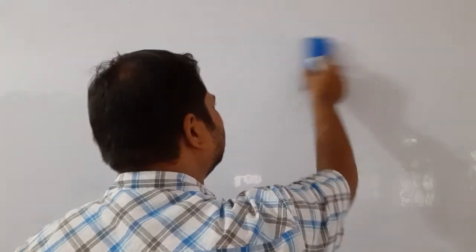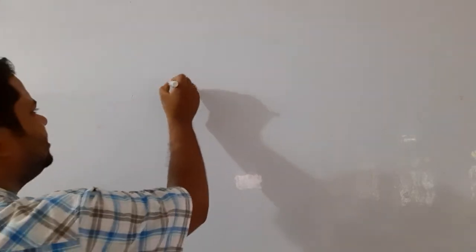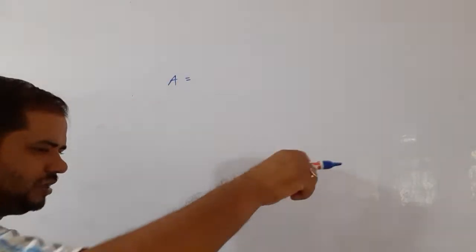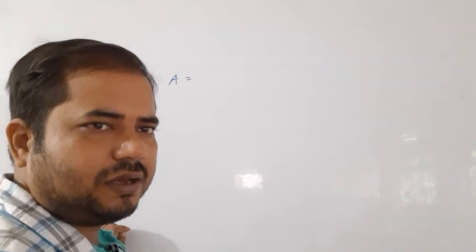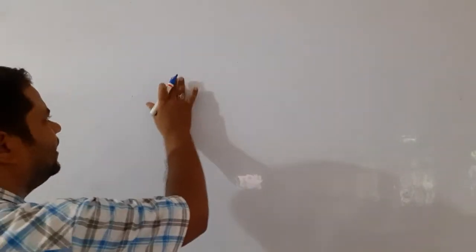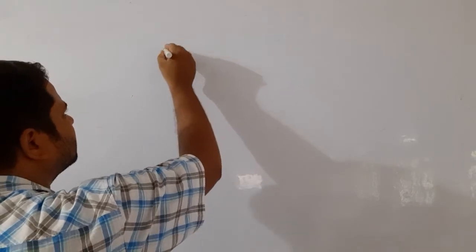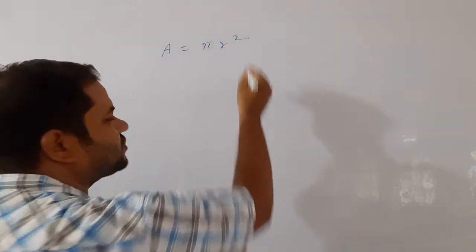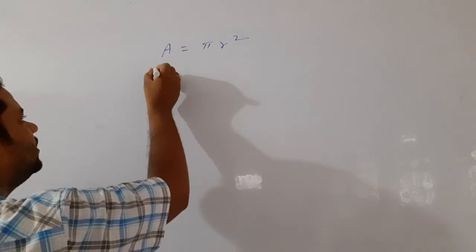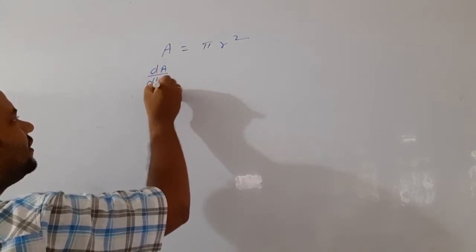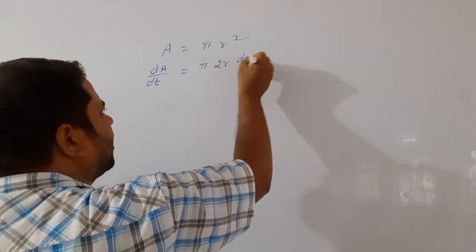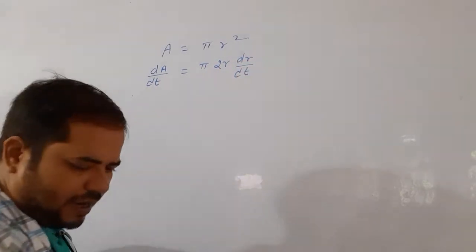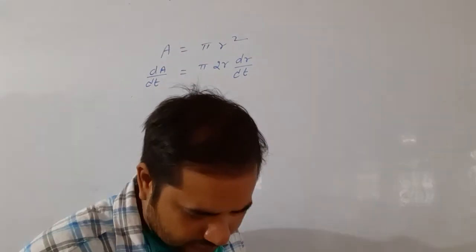Since whenever you drop a stone, the waves are formed in a circle, that's why area is pi r square. Then dA upon dt is nothing but pi 2r dr upon dt, and dr upon dt is given here.